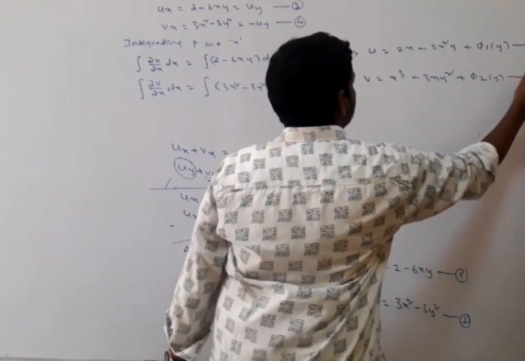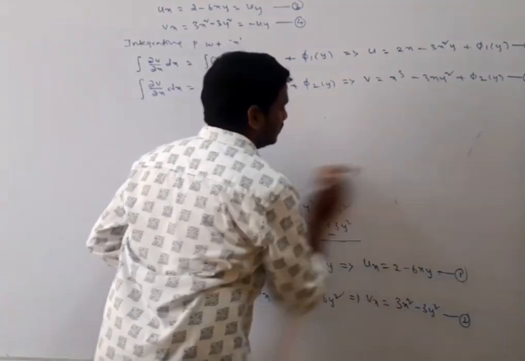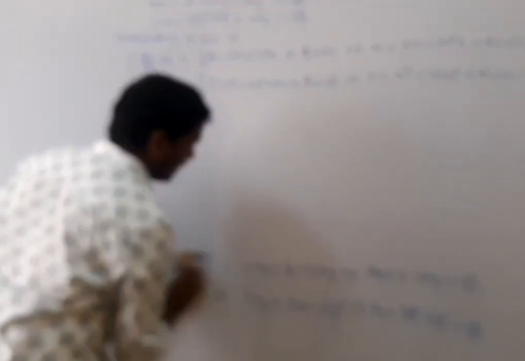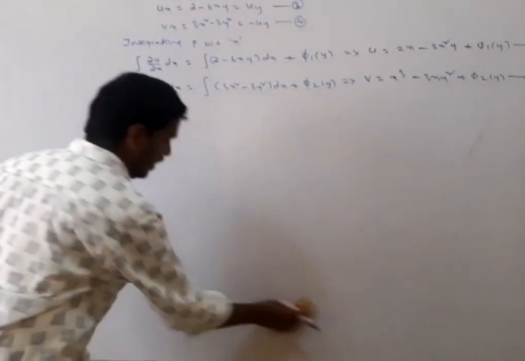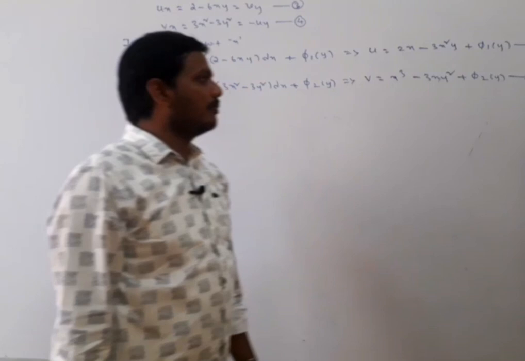Say this is equation number 6. Okay, here to get u and v, you should find pi 1 of y and pi 2 of y. It is clear.